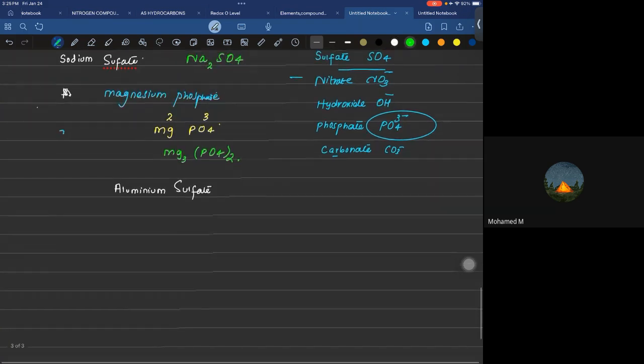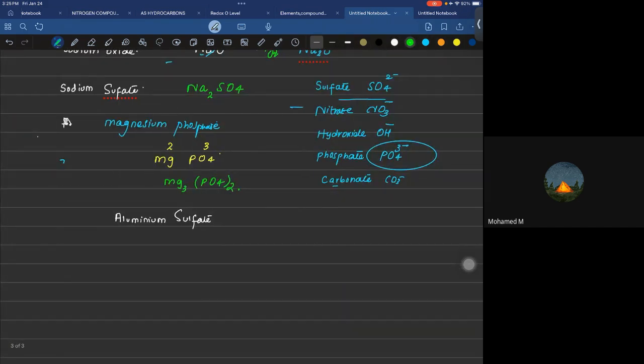So it will be Al2, brackets, SO4, close the bracket, and then on the outside it will be 3. Yeah. Al2(SO4)3 with brackets.